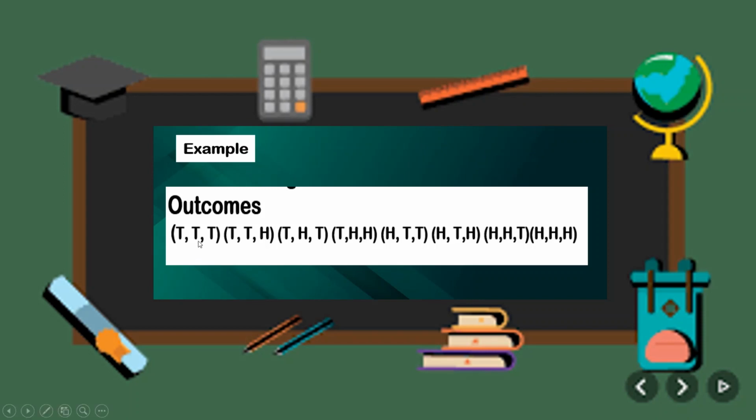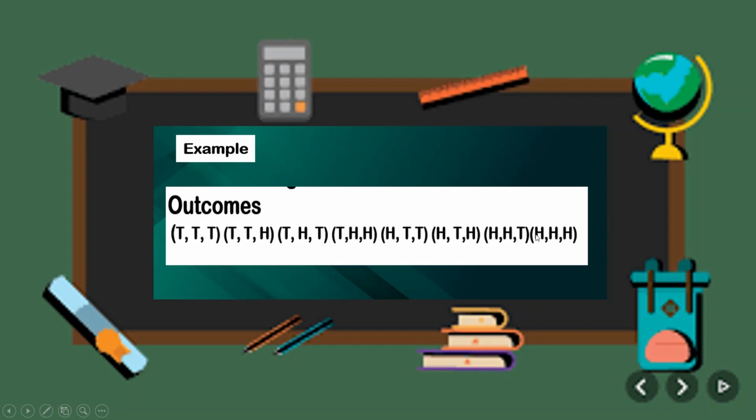You may have 3 tails, or tail, tail, head, or tail, head, tail, or tail, head, head, or a head and 2 tails, then head, tail, head, or head, head, tail, or all heads.